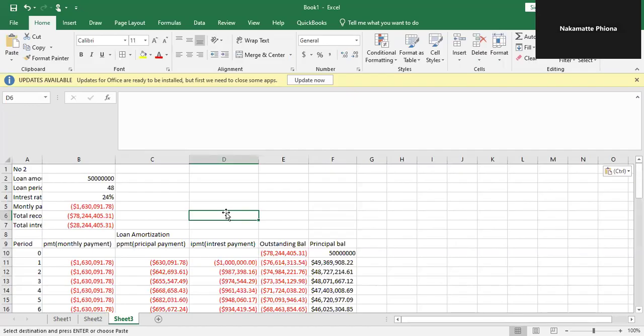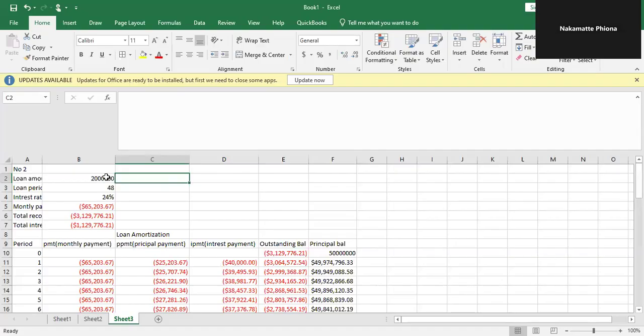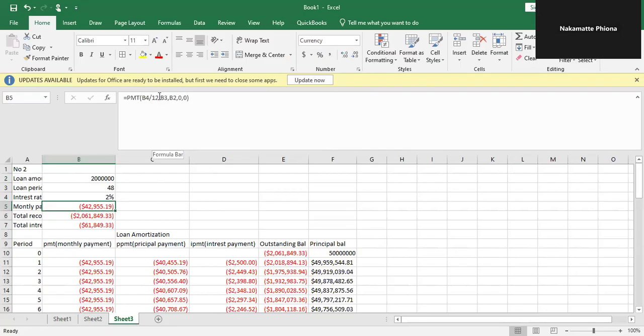What if he changes his mind and goes for 2 million? So the loan amount will be 2 million. And the interest is 1.5 per month. It is 1.5%. So since it is per month, we are not going to divide by 12.